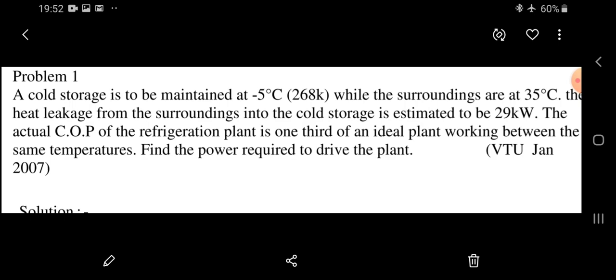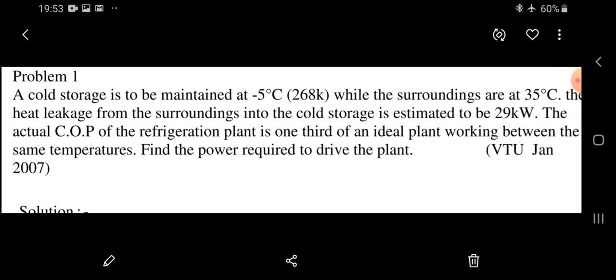The heat leakage from surroundings into the cold storage is estimated to be 29 kilowatts. So the surroundings heat is getting leaked into the cold storage at the rate of 29 kilowatts. The actual COP of the refrigeration plant is one third of an ideal plant working between the same temperatures. Find the power required to drive the plant.